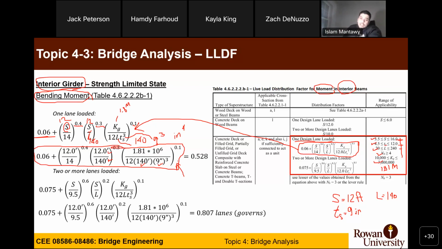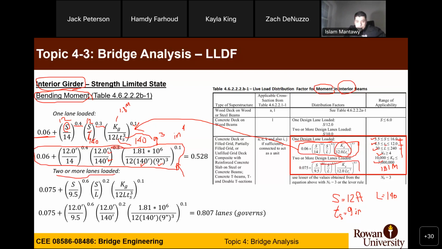What I usually do to avoid any problem is calculate this parameter alone, and after that do the rest of the calculation later so I don't mess up with the calculator. For 2 or more lanes loaded, the second equation will be applied.